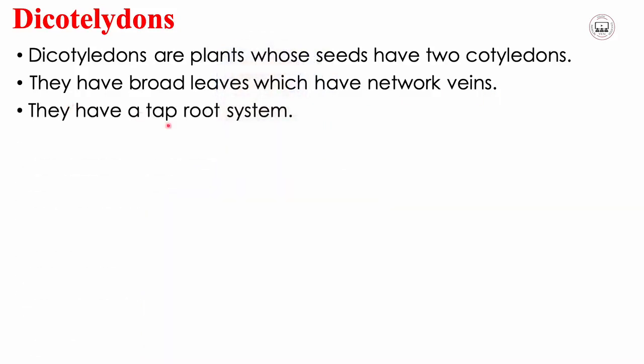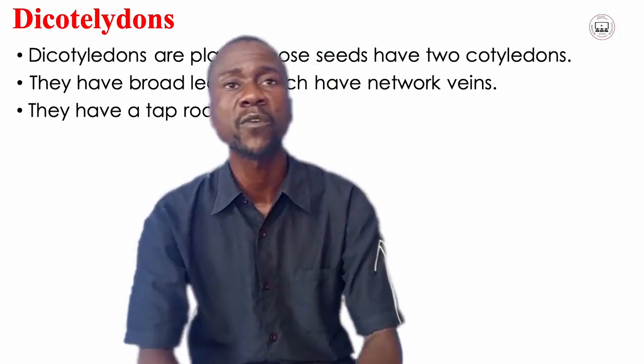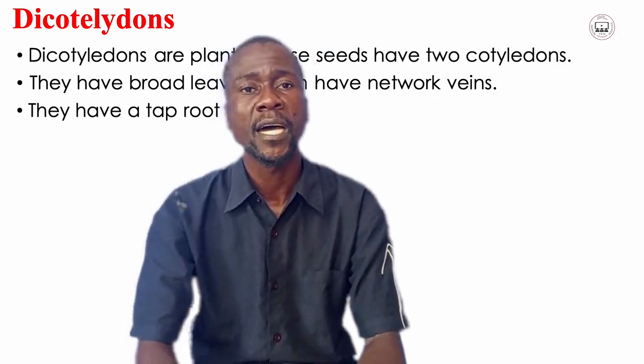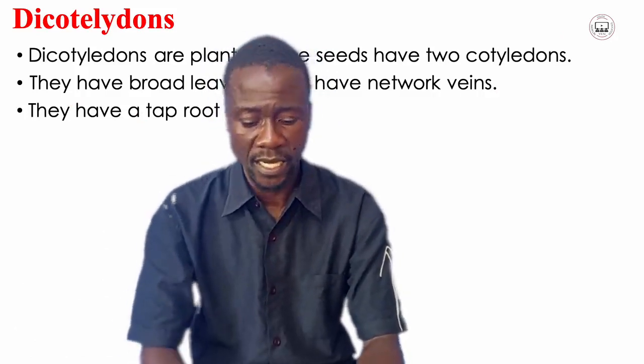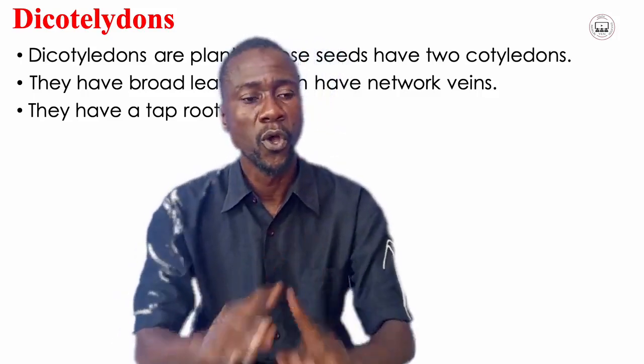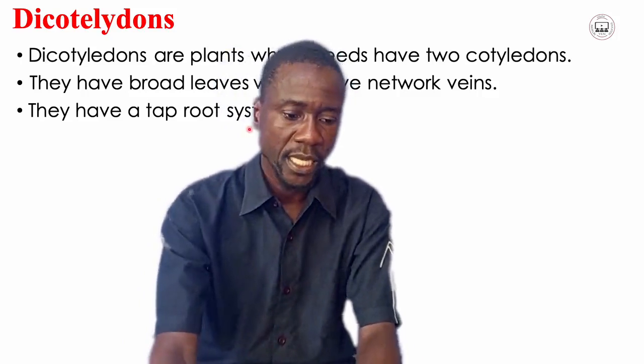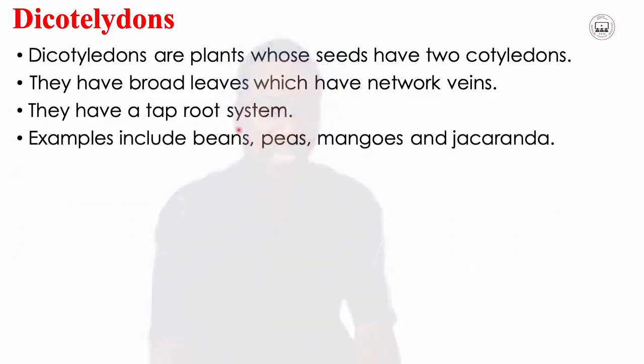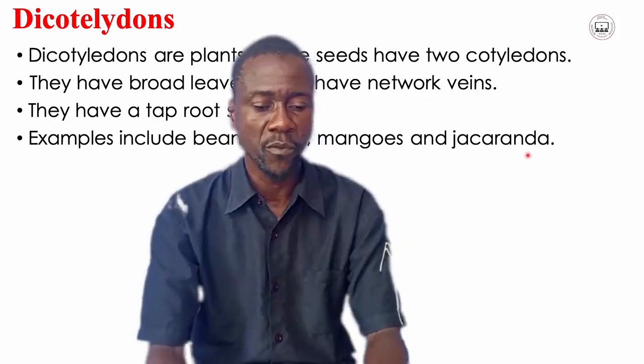And then they have a taproot system where a root develops from the stem, going as deep as it can go, and then there are some branches which grow from that main root. So examples might include beans, mangoes, jacaranda. There are so many, just to mention a few.